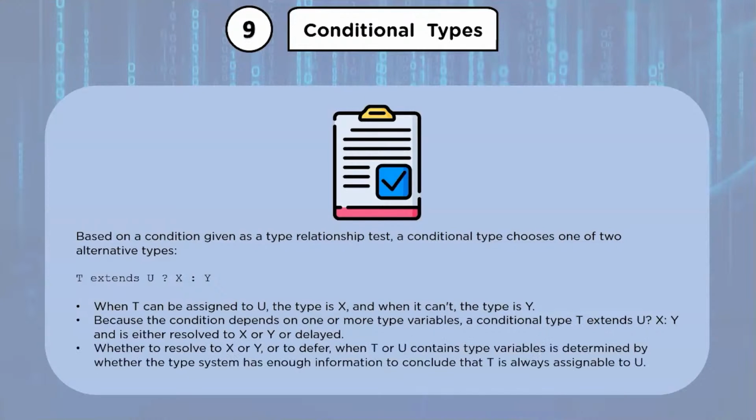Whether to resolve to X or Y, or to defer when T or U contains type variables, is determined by whether the type system has enough information to conclude that T is always assignable to U.